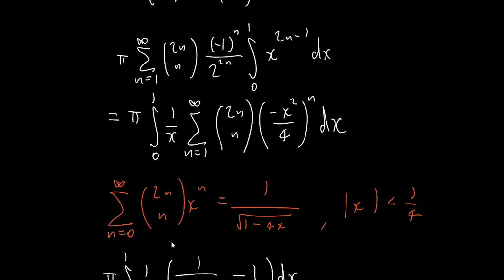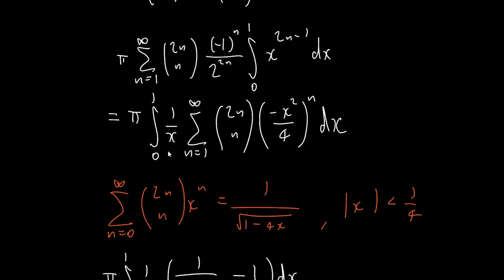And we can use this fact that 2n choose n times x to the n equals 1 over square root 1 minus 4x. This is a result that you can get just from a binomial series expansion, and this is true for the modulus of x being less than a quarter.